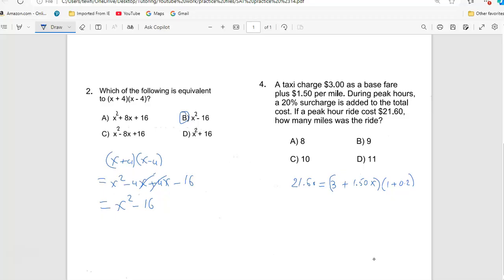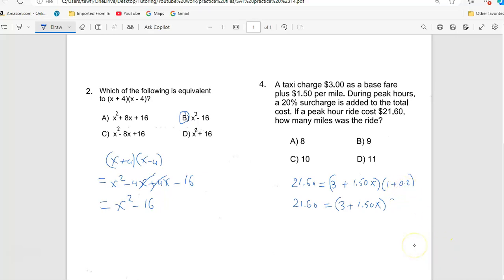So we have 21.60 equal to the 3 plus 1.50x multiplied by 1 plus 0.2, which is 1.2.